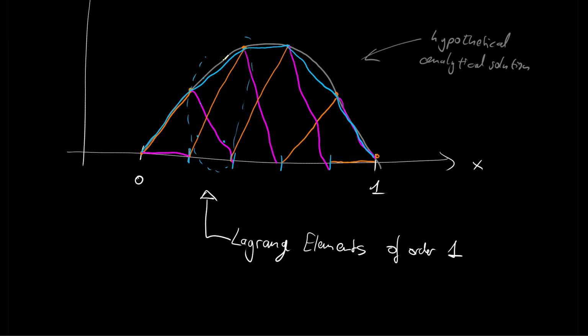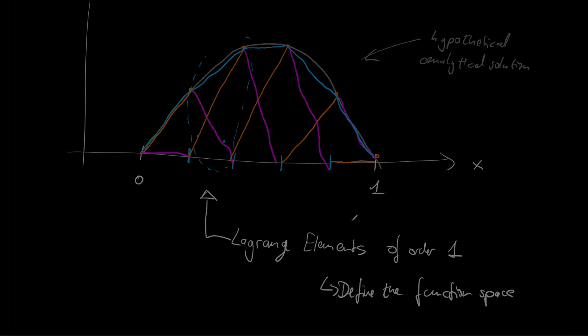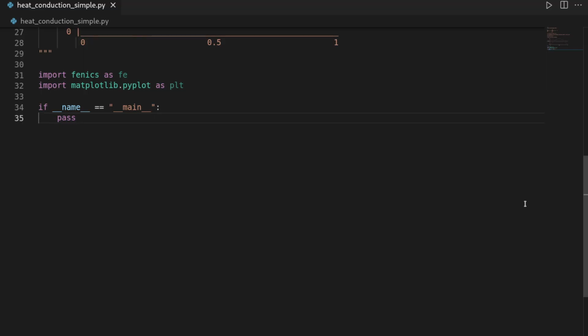And this particular shape of elements defines the function space. And in essence, this is what FEniCS will then accept. So FEniCS knows a lot of function spaces and the corresponding Ansatz and shape functions. And so we just have to choose one here. And for the sake of simplicity, and since we have such a well-behaved partial differential equation, let's go for the simplest.